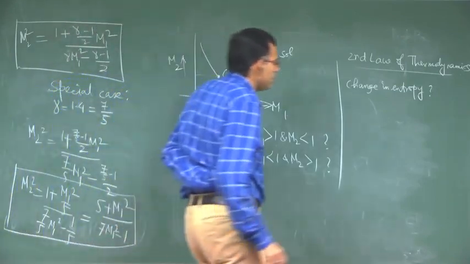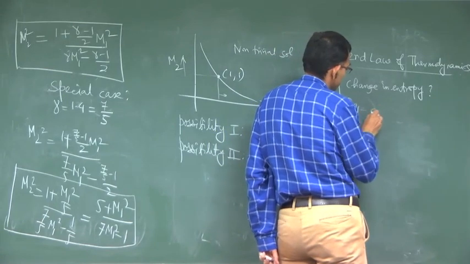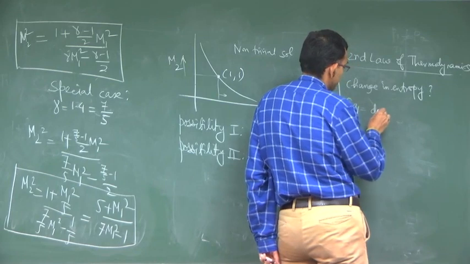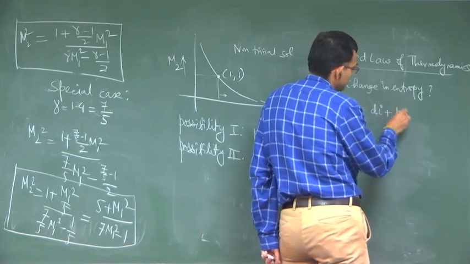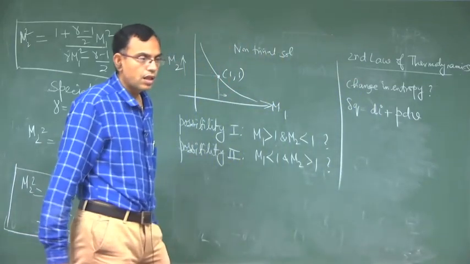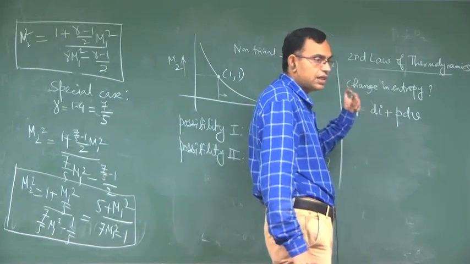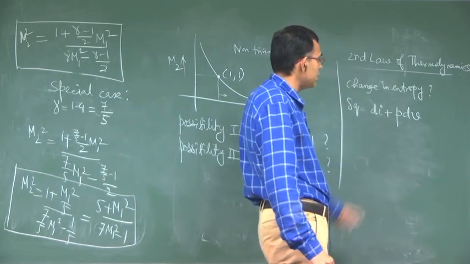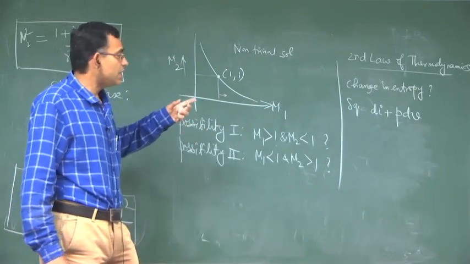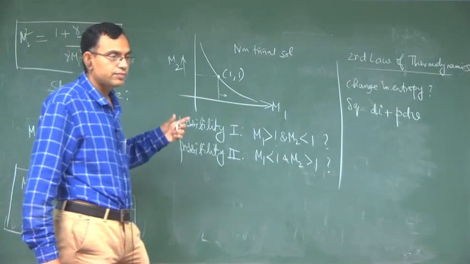So, we know from the first law, if you neglect the changes in kinetic energy and potential energy, in this problem you can doubt whether the kinetic energy change is negligible across the shock.